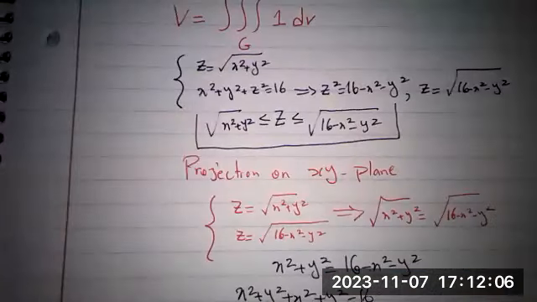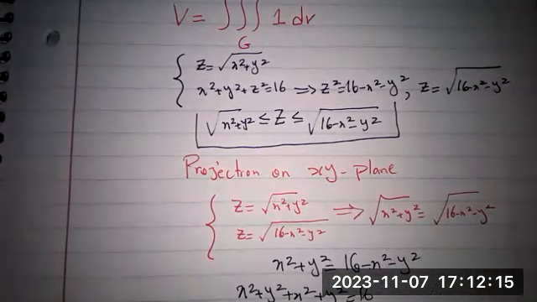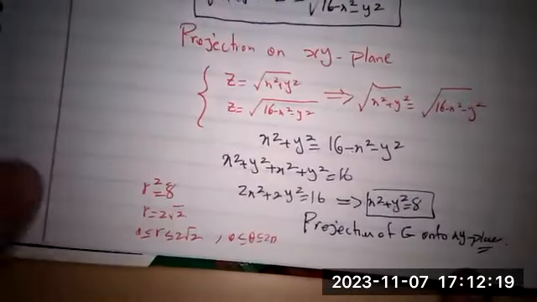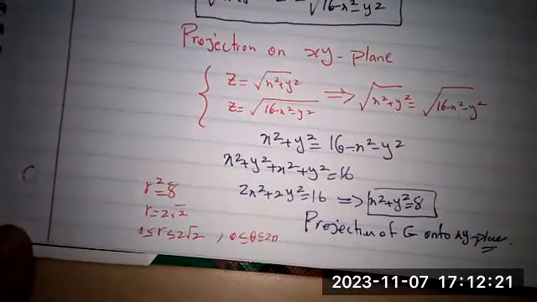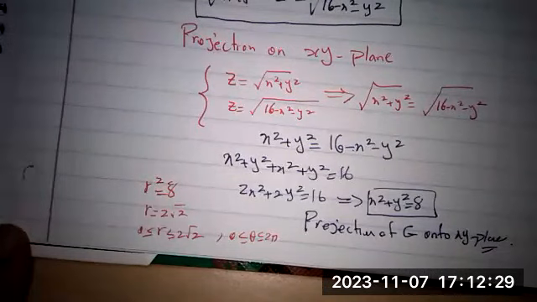Then you have to find out what is going to be the theta over here, and the theta is the full circle, which is going to be 0 to 2 pi to get these numbers done. Any question? Now we are ready to change it into the cylindrical coordinate and take care of the problem.